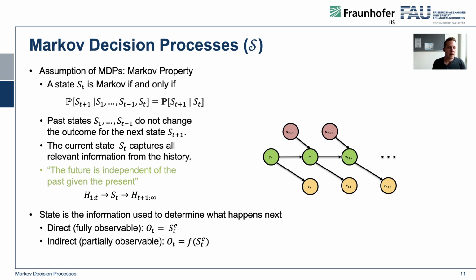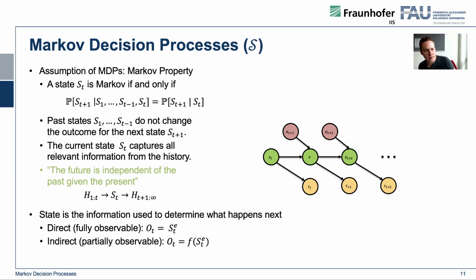Which basically means that we want to find an encoding such that the current state S_t captures all the relevant information from the history, and this is encoded in this step. And this is the basic assumption of the Markov property that we need to define a Markov decision process and to solve it.